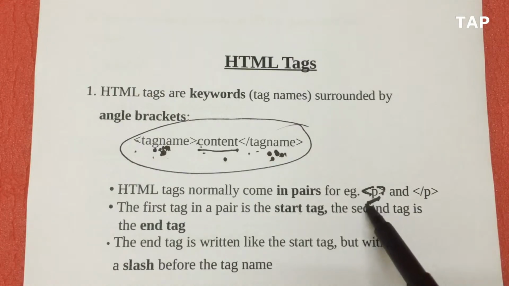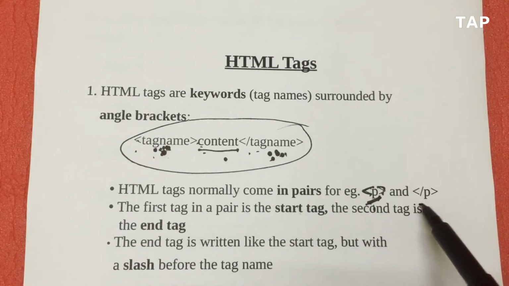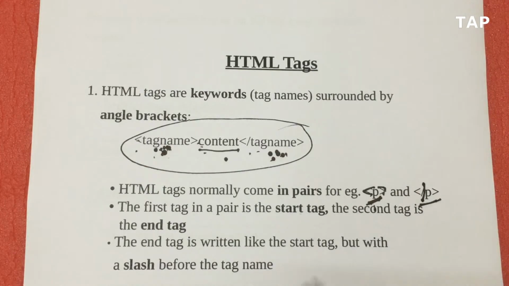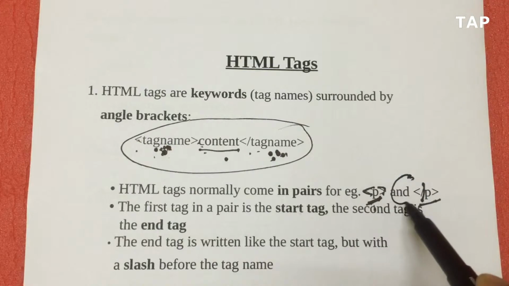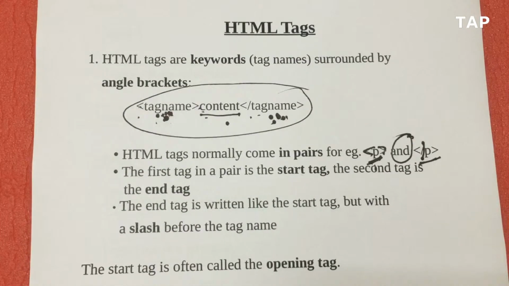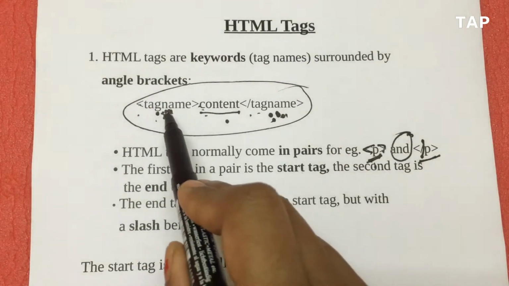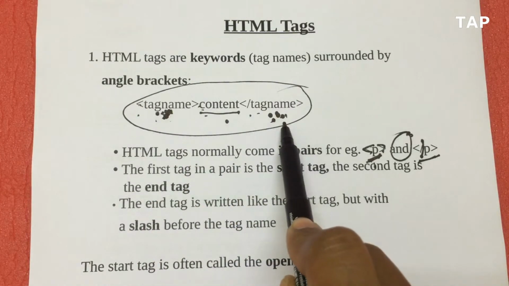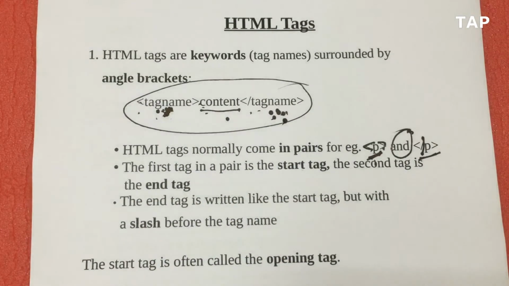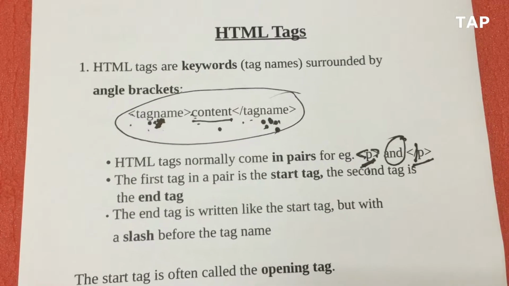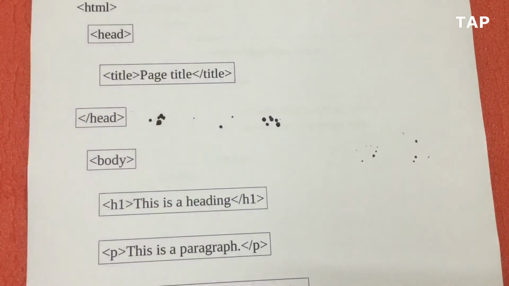This is the start of the P tag and this is the end of the P tag, where we are using a slash. In between, you can write your content. This is your entrance or opening tag and this is your closing or exit tag. All HTML tags have this format.